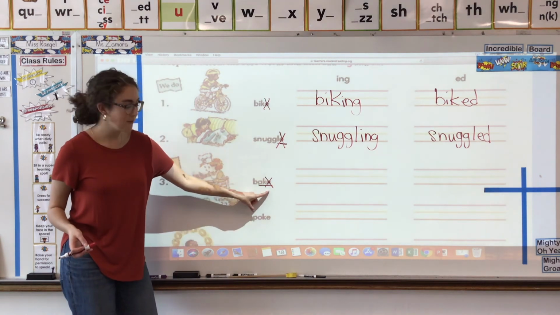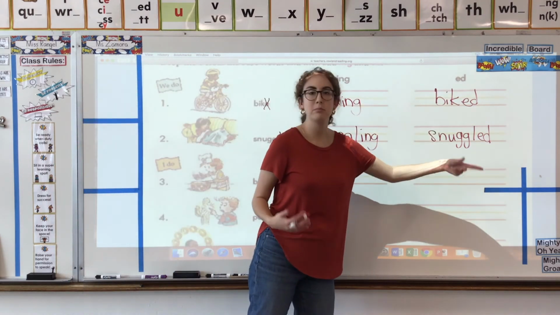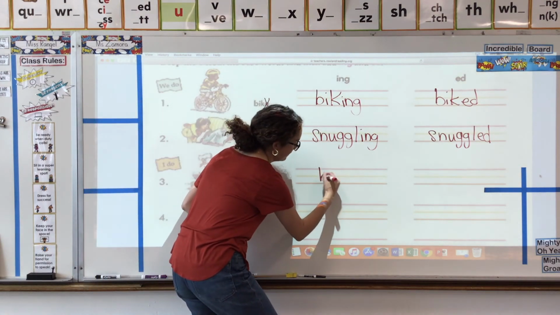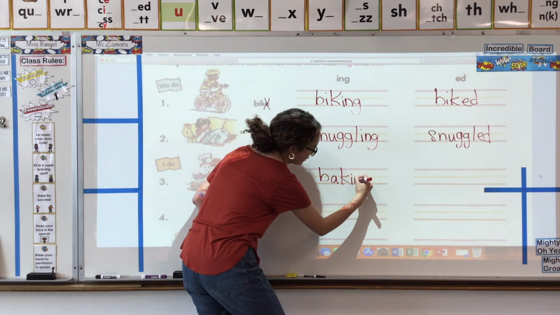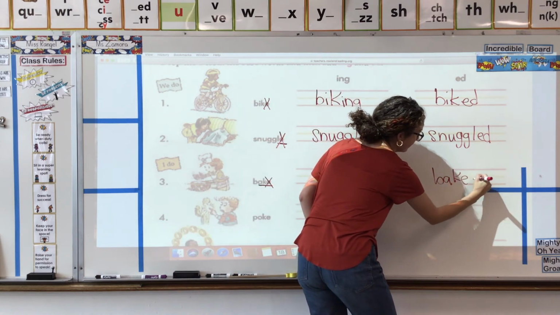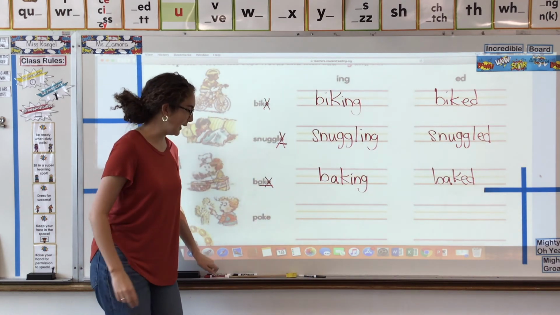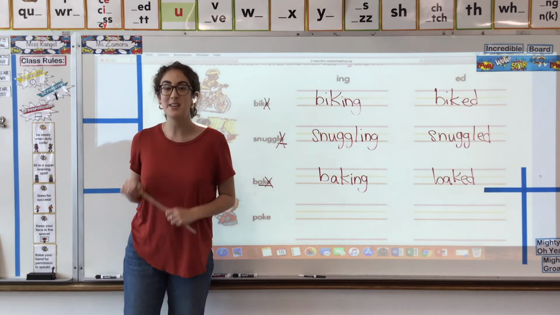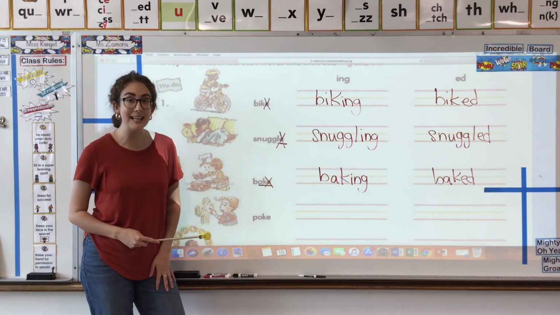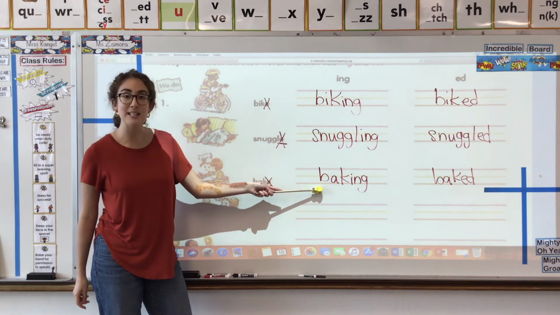So, now that we've dropped the E, can you make bake as a present verb and bake as a past verb? Here we go. Everyone write it together. I'm making sure I drop the E every time. There we go. Okay, using our knowledge that in our base word we had vowel consonant E, so our word was bake. Can we read it as a present verb?